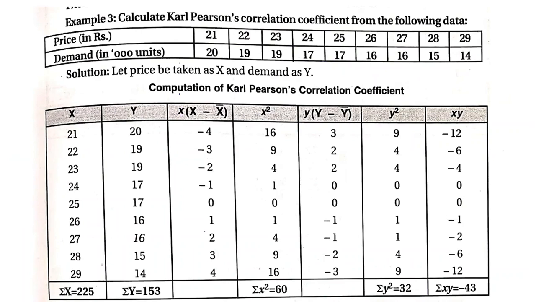So that is nothing but x is equal to x minus x bar, and x bar is 25. So I will write 25 here, x minus 25. So 21 minus 25 is minus 4.